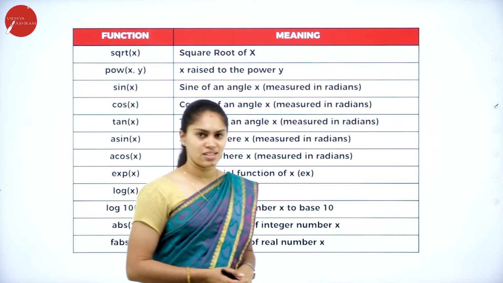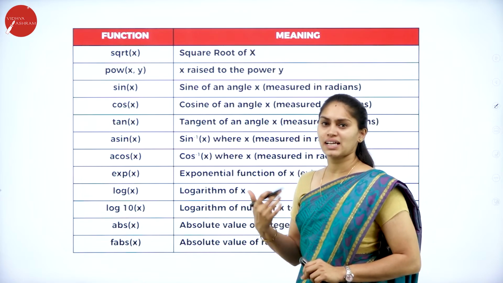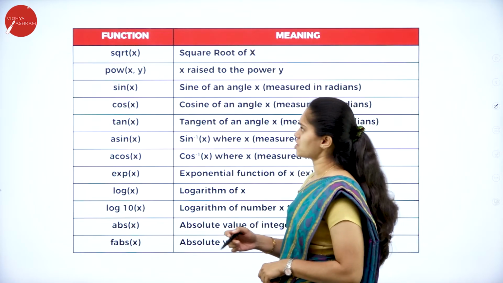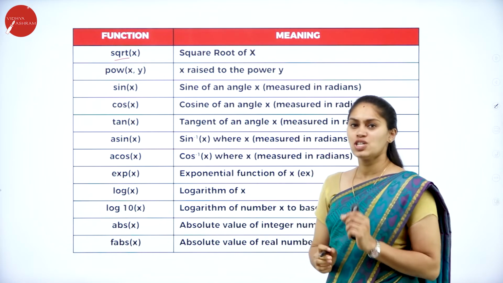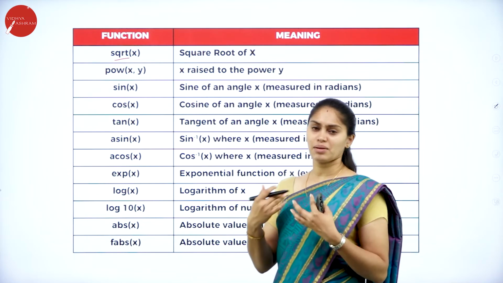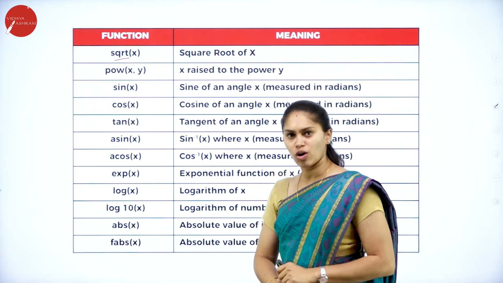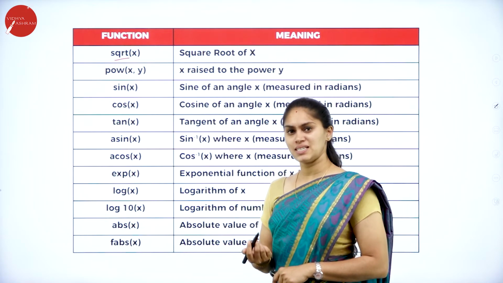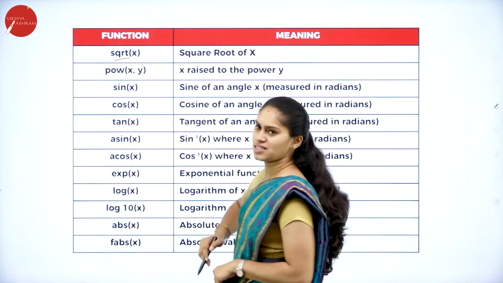So, here I have listed out some of the mathematical functions in order to do the mathematical calculations or operations. Here we have a square root. If I wanted to find a square root of any number, I may require n number of lines of code. So, instead of writing all that code from scratch, we can simply use this square root function. Here x represents the number.